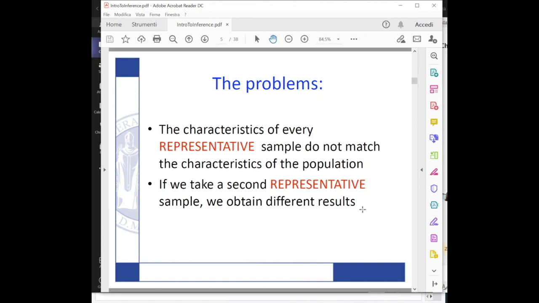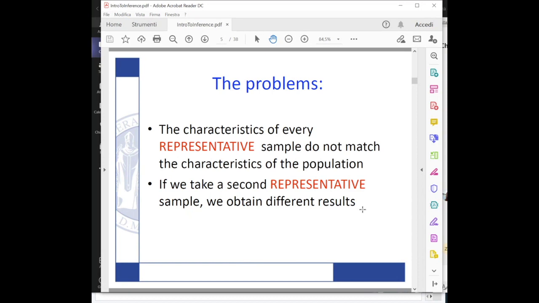So we are never sure that the sample is representative, but we adopted a correct method. So we can be as sure as possible that the sample is representative. So no certainty again. It's just the method that makes us sure about the representativeness. So every sample is different.